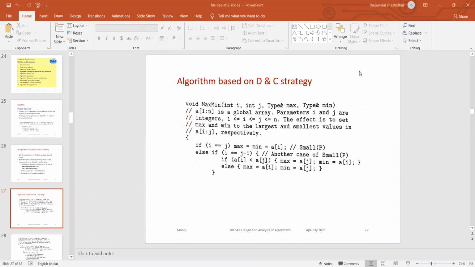Can anybody tell? I is starting at 1. Okay. So now I double equals j means I and j are both at the same position. So if I and j are at the same position, how many elements can be there?